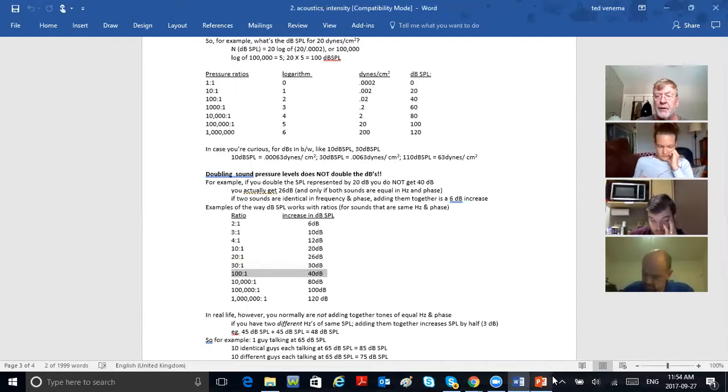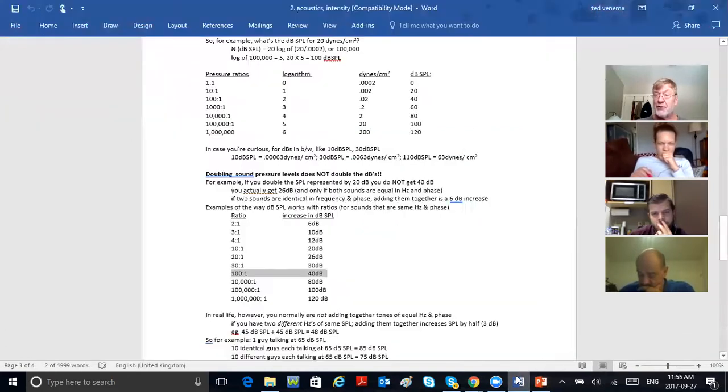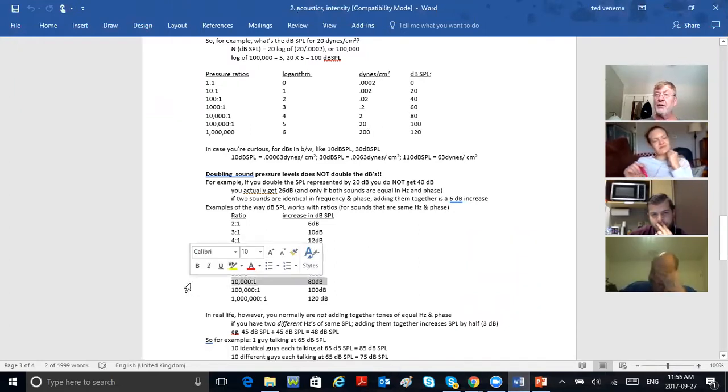Well, let's find out. If I increase the pressure by 10 times 10, 0.02 is 100 times 0.0002, okay? Or 0.02 is 10 times as much as 0.002. And guess what I went up by? 40. So you've seen that before. It is no mystery. We're making history, okay? If you increase the pressure by 10,000 to 1, you've gone up 80.